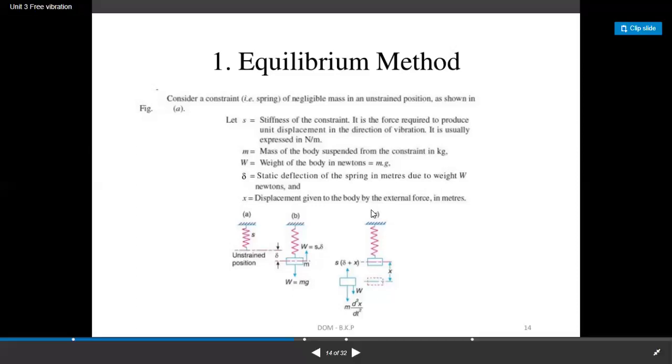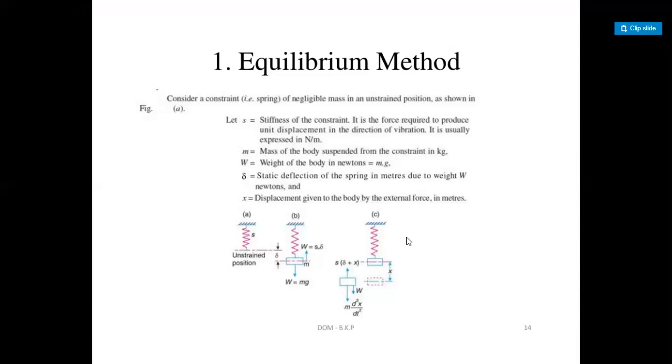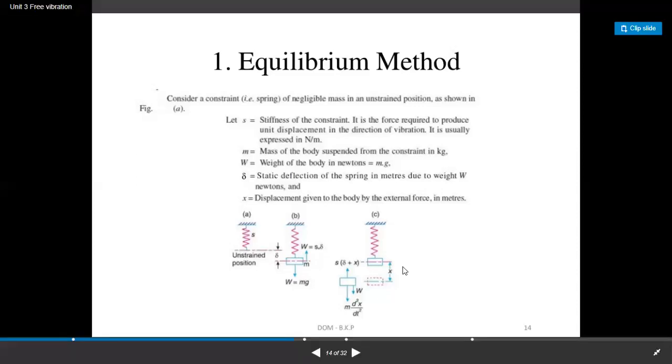Now, in the last figure, if I give an external force to the mass, then the static deflection plus the displacement given to the body by the external force is also included.